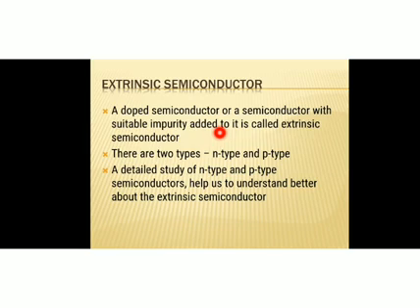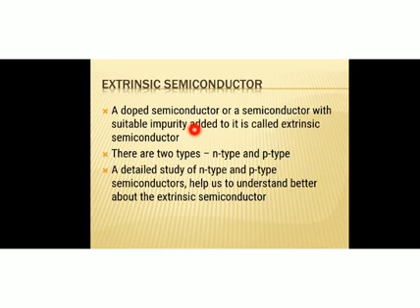This process of adding impurity to a semiconductor in order to increase its conductivity is known as doping. The impurity-added semiconductor is known as a doped semiconductor, and the impurities that are added are known as dopants.